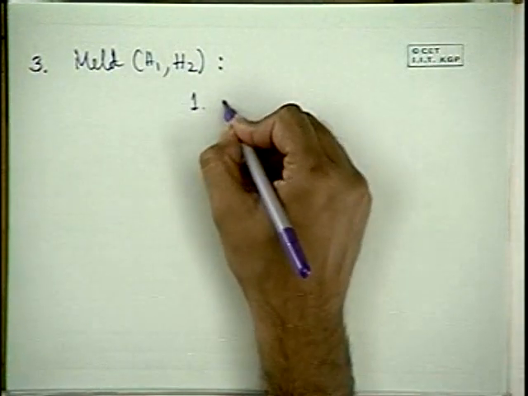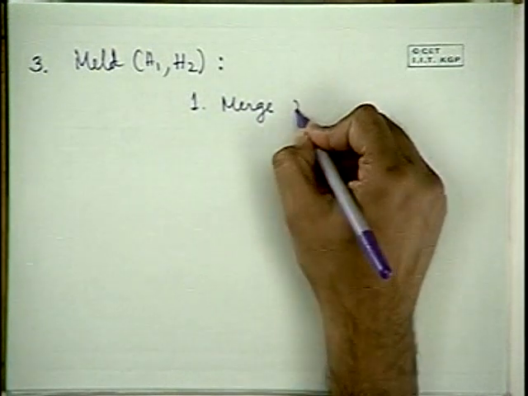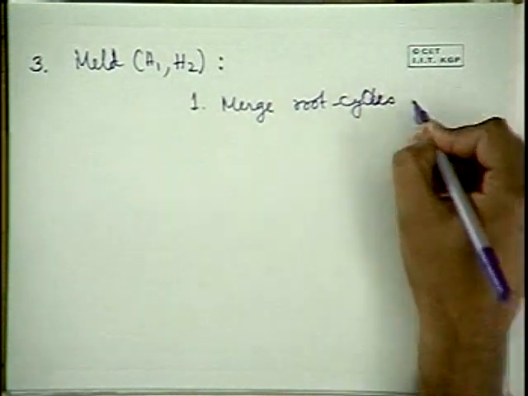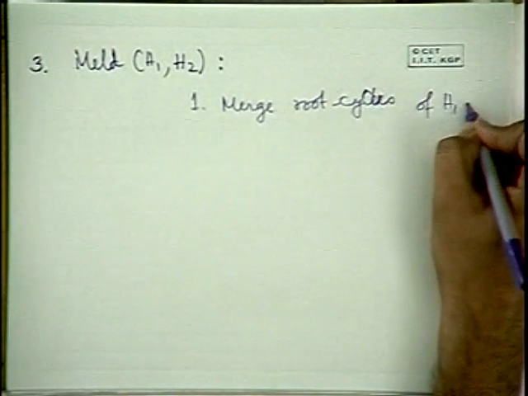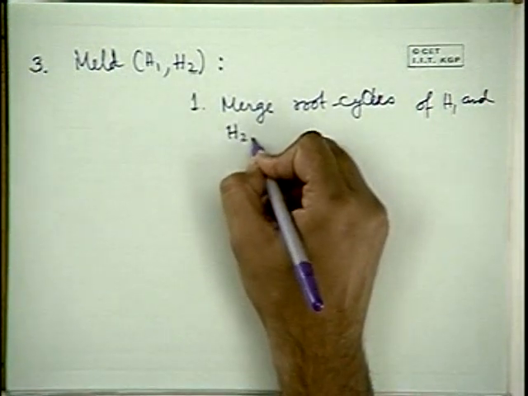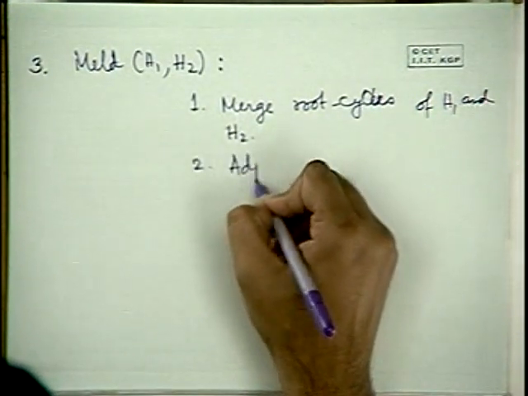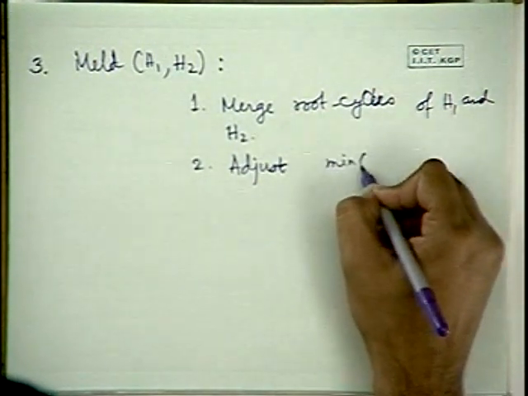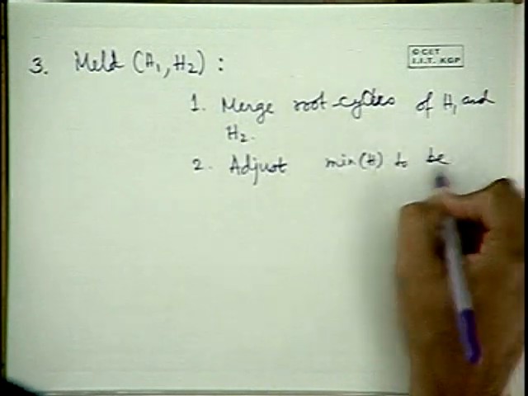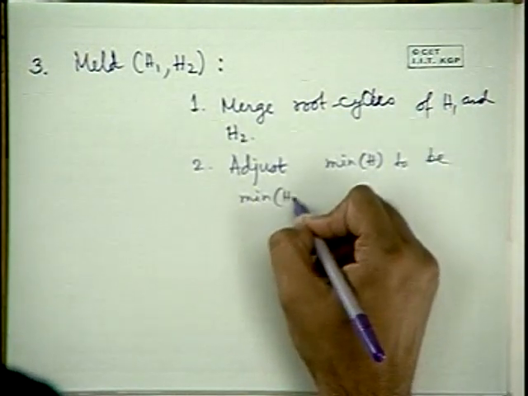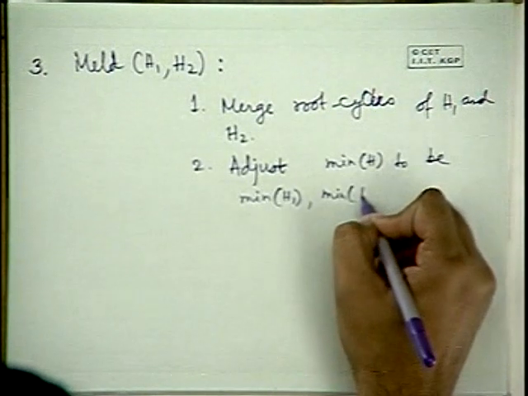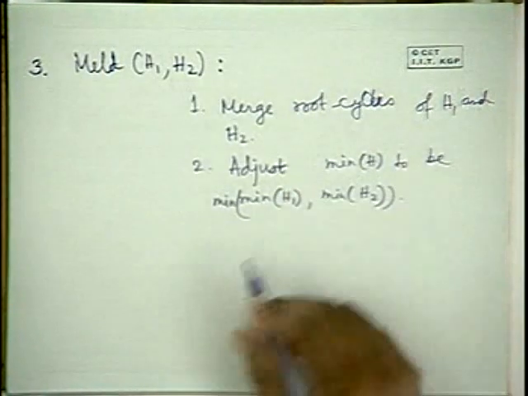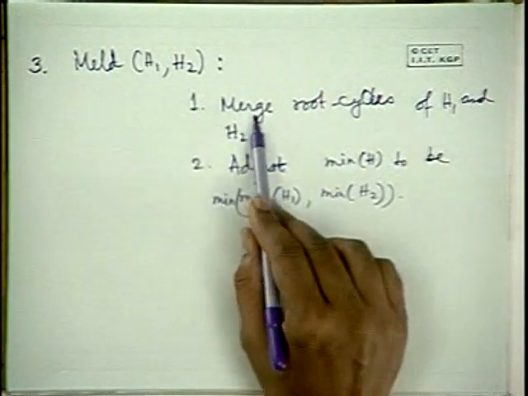First thing is you merge root cycles of H1 and H2, and second you adjust min age to be the min of H1, min of H2, and take the min of this. So that's the operation.